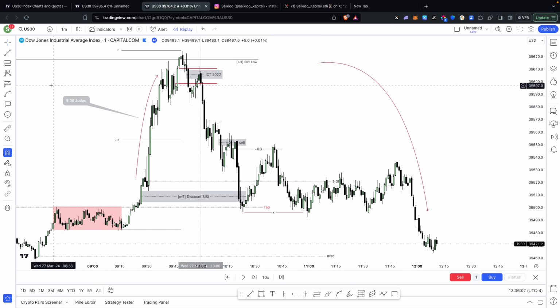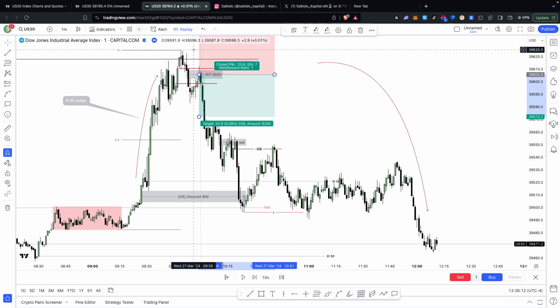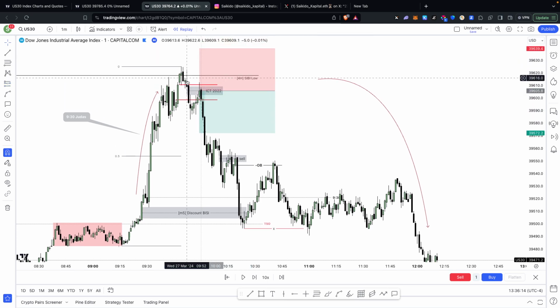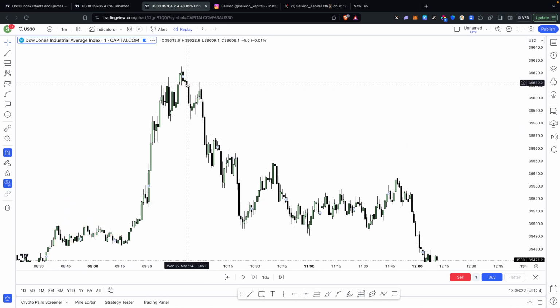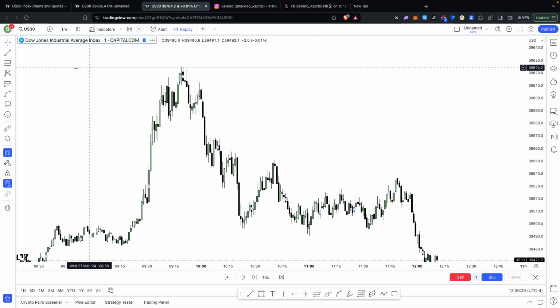Then your risk to reward, and then if you apply, for example, look at this, the three candles that create a fair value gap. Look at this, 1, 2, 3. We have 1, 2, 3, the fair value gap. If you're gonna sell this fair value gap, your stop loss should be above the high of that candle.